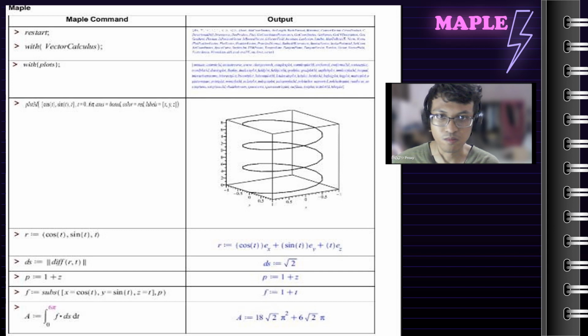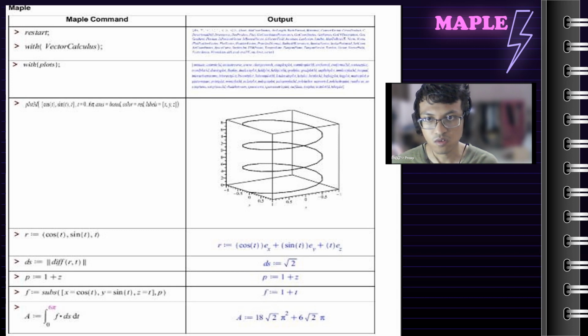And then from that we can get the r dt. From this, cos t, sin t, and plus t, which we get from step 2, we put into the ds, which is where we get the prime 2 from step 3.